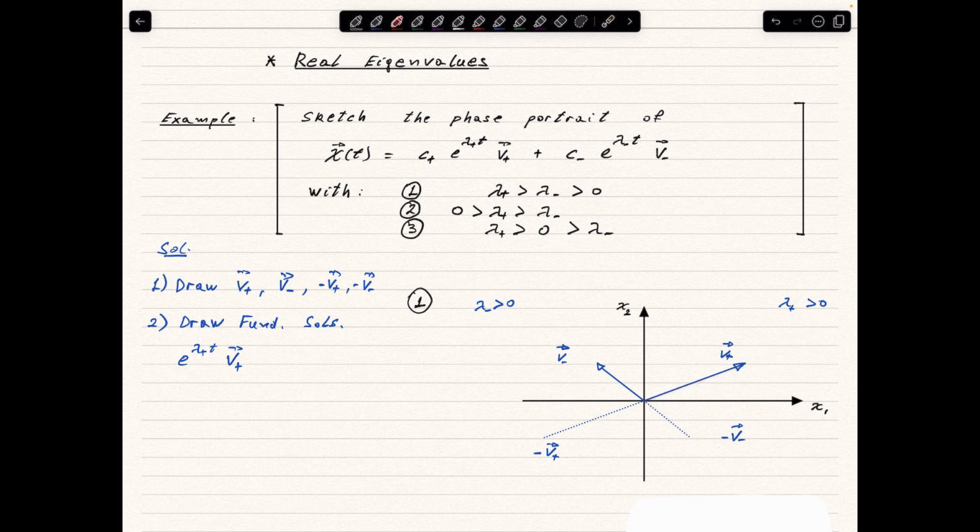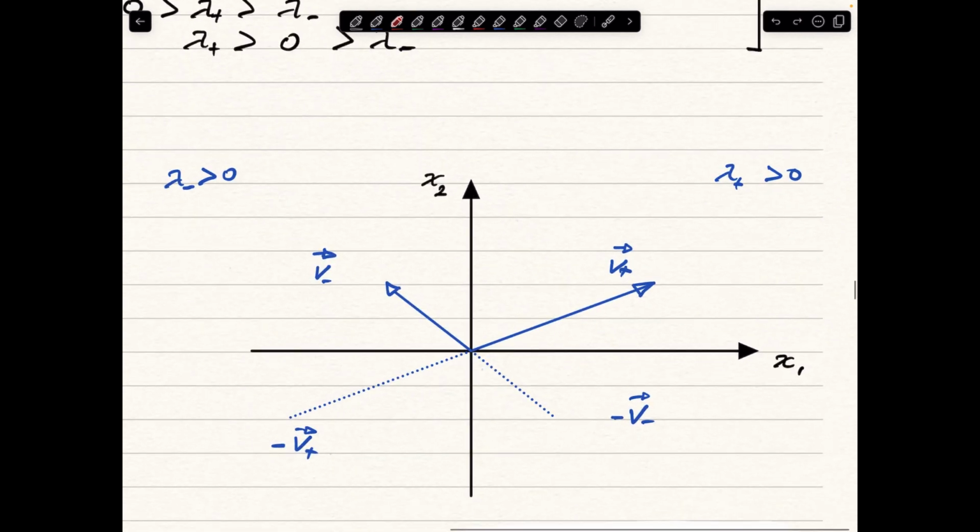So it's going to be something like this. Oops, I moved it. Let's do it here. It's going to be something like this. This is the direction of increase in time. At t equals 0, we are going to be right here.